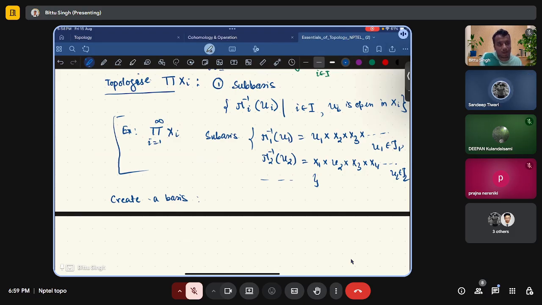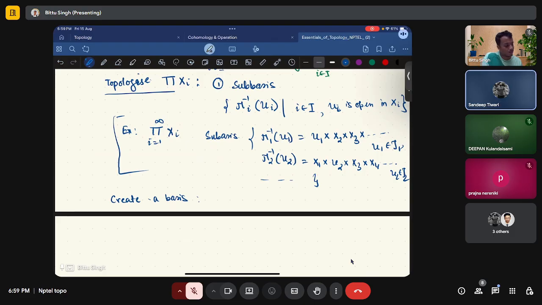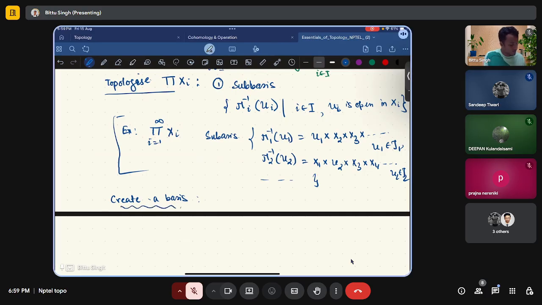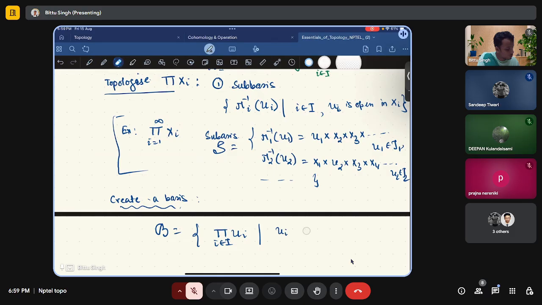We need to take finite intersections. The subbasis is sometimes denoted by script S, and the basis is denoted by script B. So what will script B be? It will look like the product of some ui, i belongs to I, where ui is open in xi, that is, ui belongs to tau i.